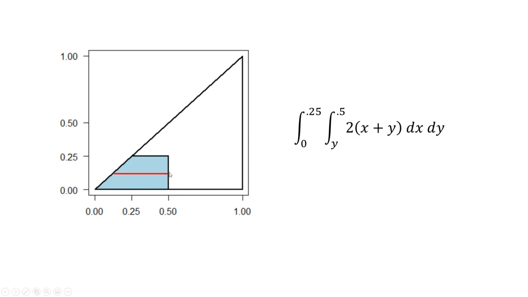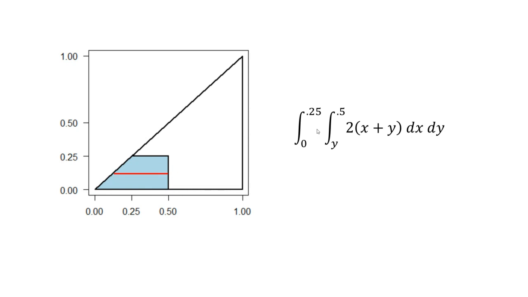And then the larger endpoint is x equal to 0.5. And then our outer integral, the lowest possible rectangle we could draw would be at y equals 0. And the highest rectangle we could draw would be at y equal to 0.25. So we end up with our outer integral having constant bounds, which is what we want in order for our answer to be a probability that's actually a number.